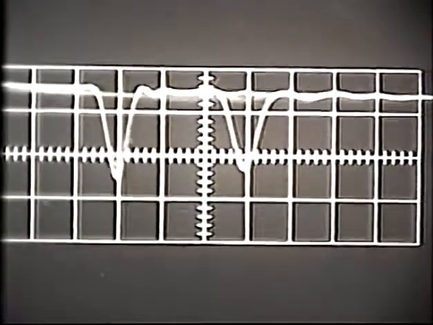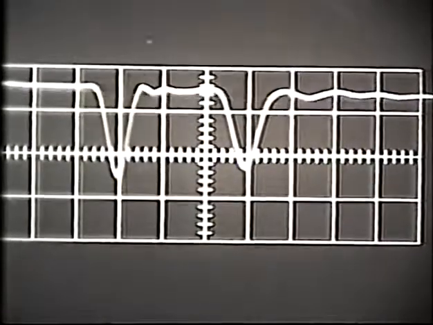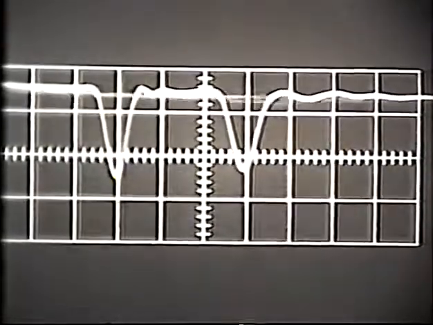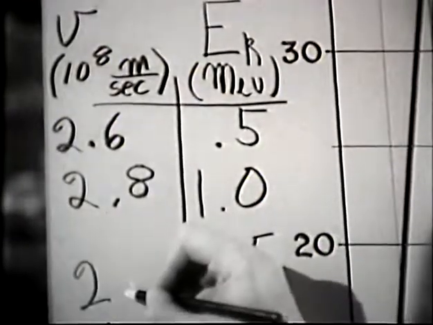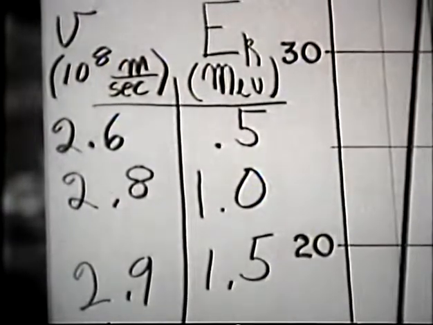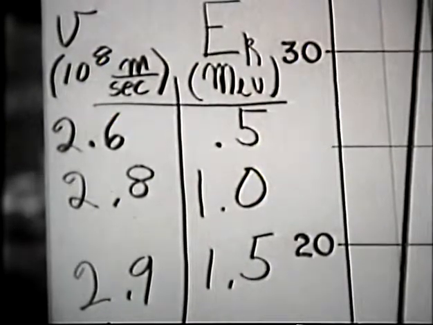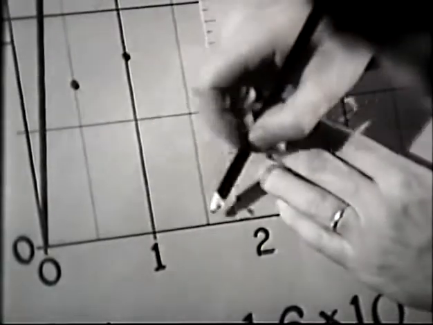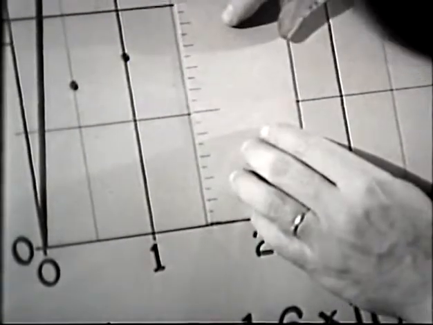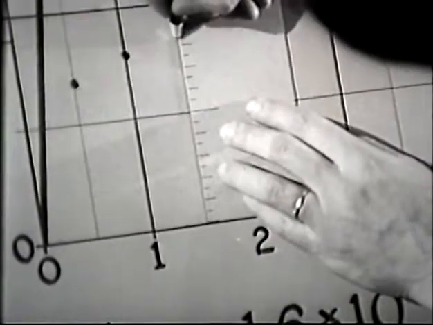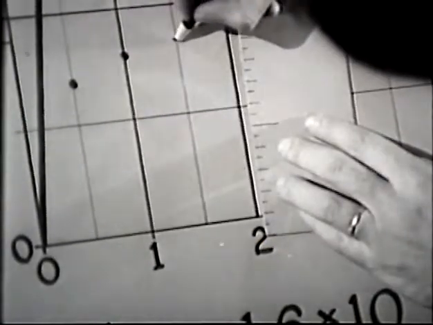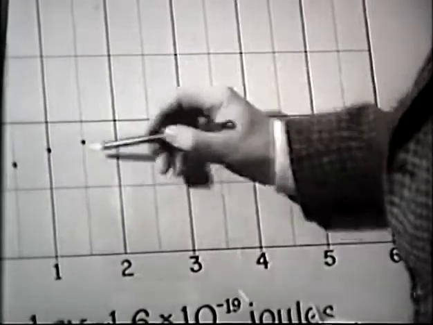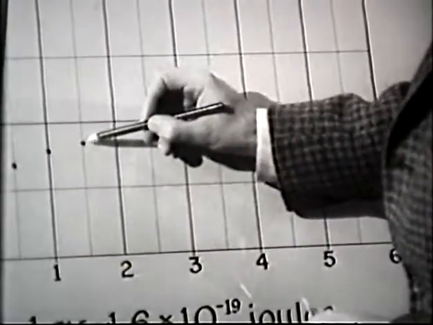So the separation is about 2.95 divisions. This makes our speed 2.9 times 10 to the 8th meters per second. 2.9 squared is about 8.4. At 1.5 MeV, 8.4 plots about here. This last increase in energy did not produce much of an increase in speed.